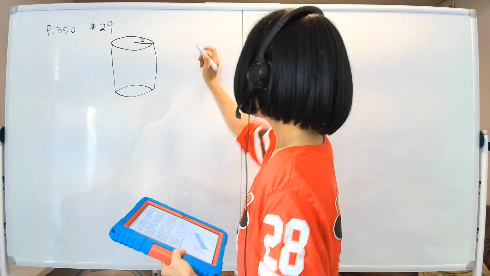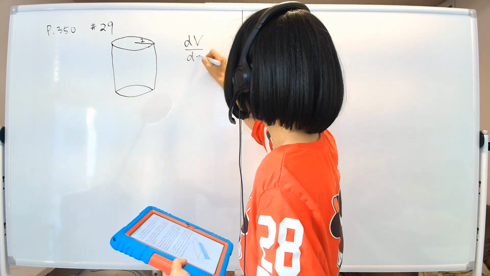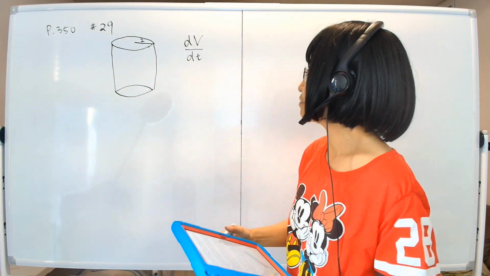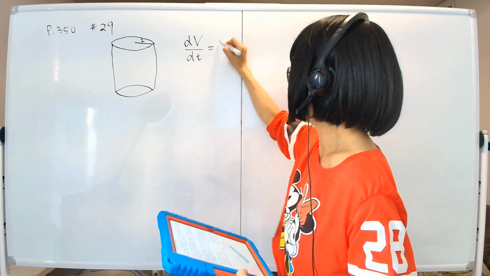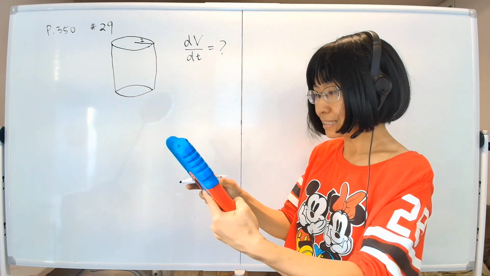What does that mean? That means you're looking for dV by dt, okay? Water leaks out by volume, right? So you're trying to figure out what dV by dt equals, that's our purpose of life for the moment. So what is dV by dt?